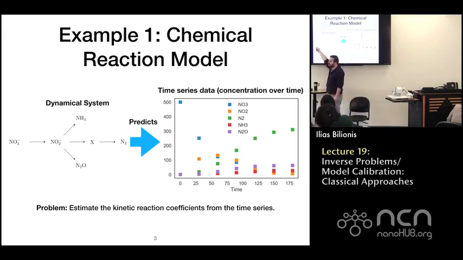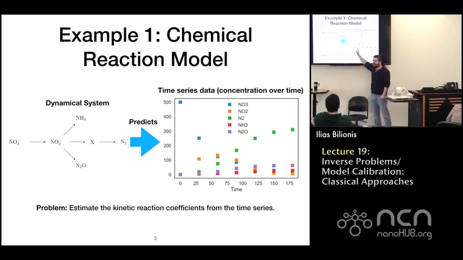You just put this in a box, like you put 500 grams, let's say, of NO3, and you let it react, and you measure the concentrations of these different chemicals at 30-minute intervals, okay, and you just see how they evolve over time.